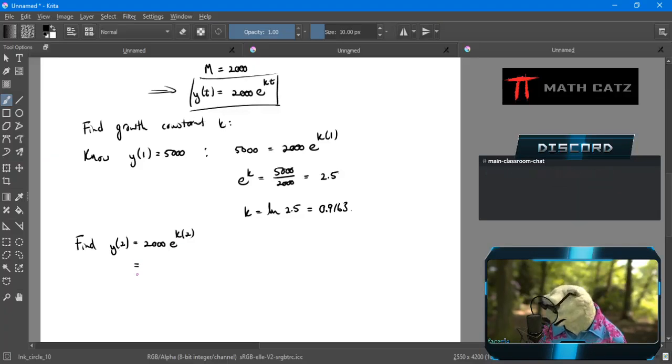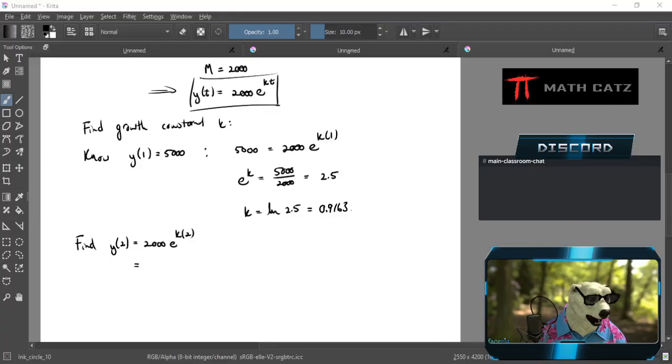But when I use k in a calculation, which I'm going to do now, I do use its accurate value. So I would say y of 2 is 2,000 times e to the power of 2 times natural log of 2.5.